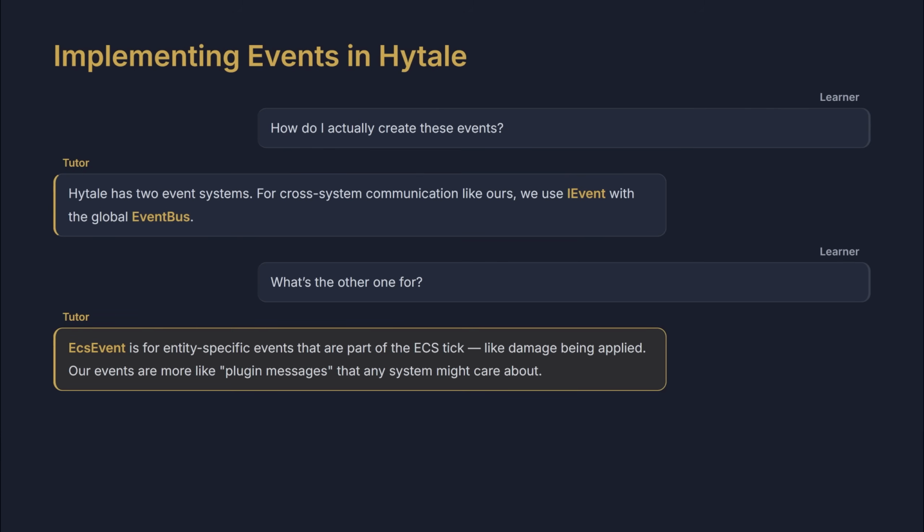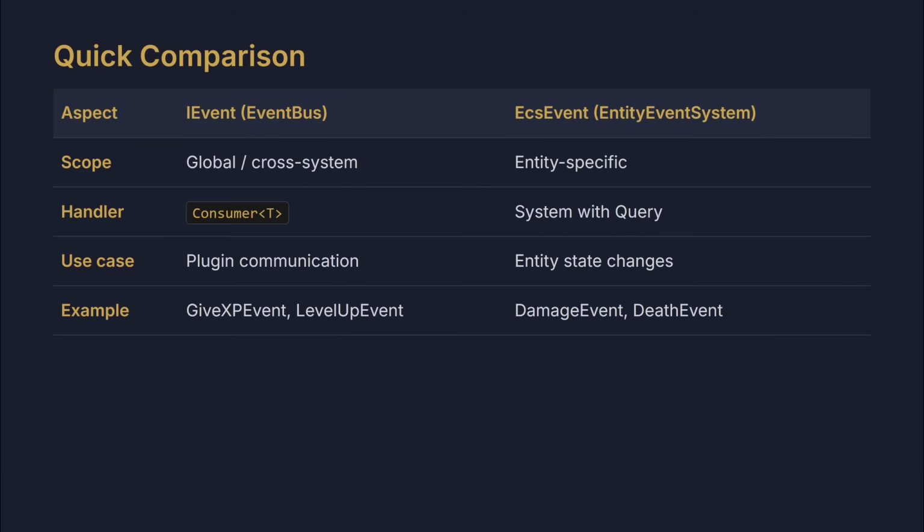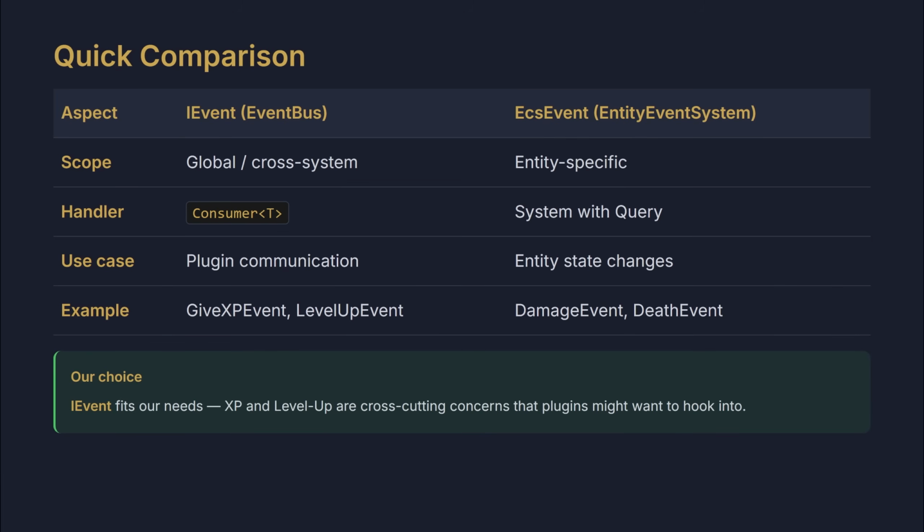But our events are more like plugin messages that any system might care about. We will take a look into ECS events in the following parts of the series. But for now, our choice would be the IEvent, which totally fits our needs, because experience points and level up are cross-cutting concerns that plugins or other parts of our mod might want to hook into.